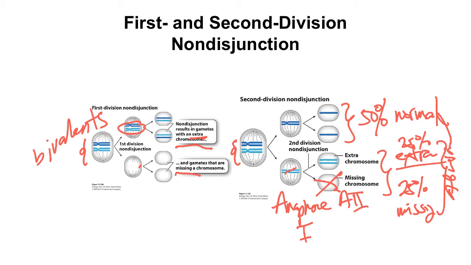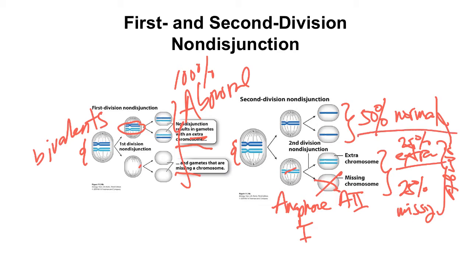If you compare the severity of non-disjunction at the first division versus the second division, you will notice that first division non-disjunction has a more severe effect because 100% of the daughter cells are abnormal, whereas in second division non-disjunction, 50% of the gametes would be normal.